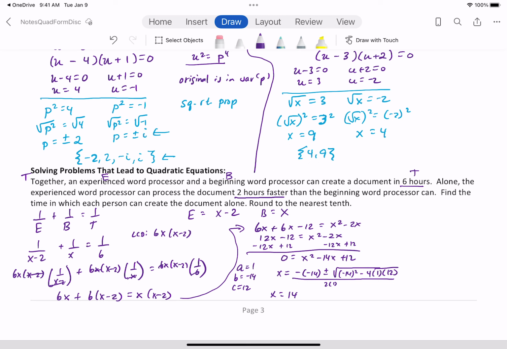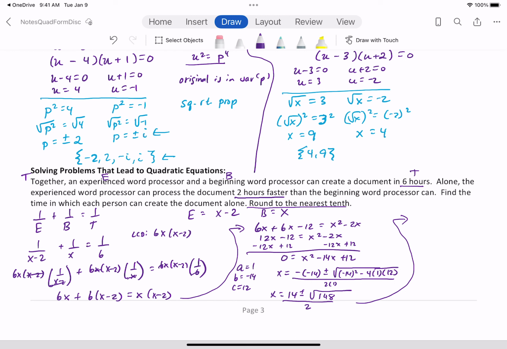So this is positive 14 plus or minus. I think because these numbers got so big, I just went ahead and multiplied and added this whole thing. So I did negative 14 squared minus 4 times 1 times 12 all at one time. And I got 148. Hopefully that's correct. Over 2.